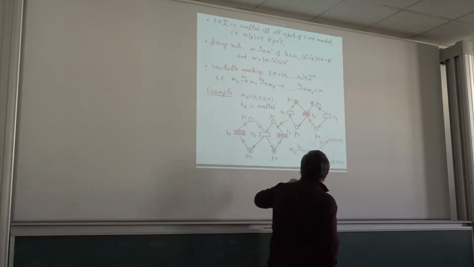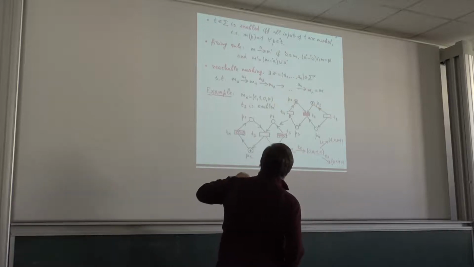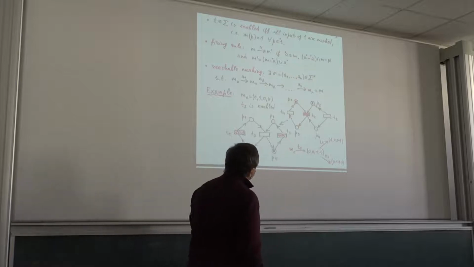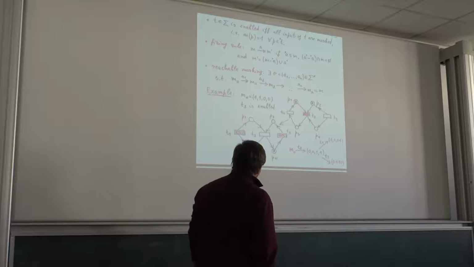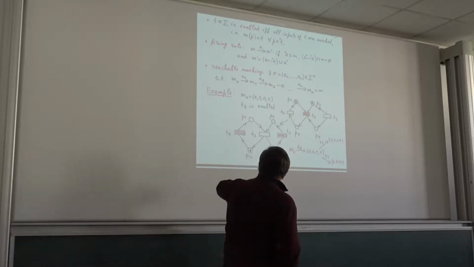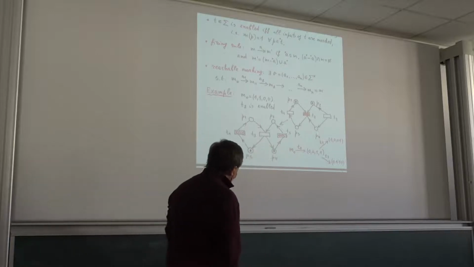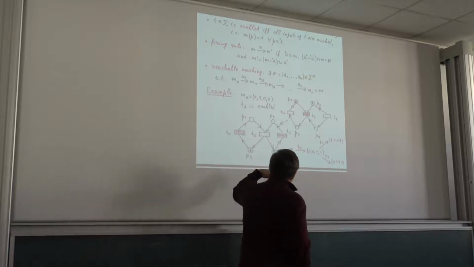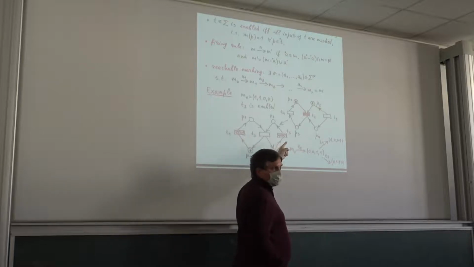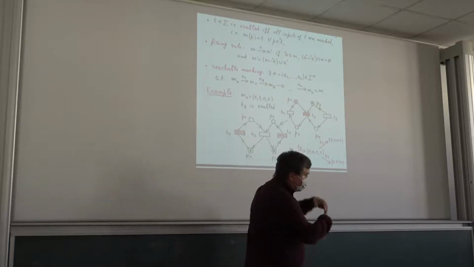T2 has 3 incoming edges. If you want to fire T2, you should have a token. Okay, and what happens is that when you fire once, you get this position, but here you can fire either T1 or T3. And then again, you develop and you continue.